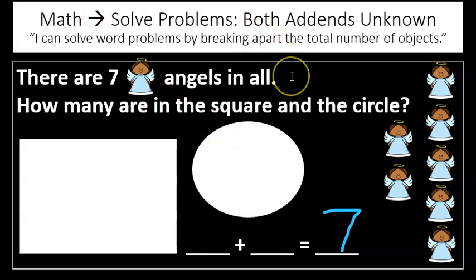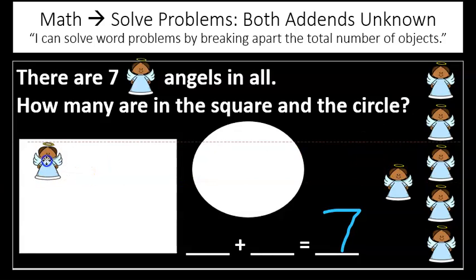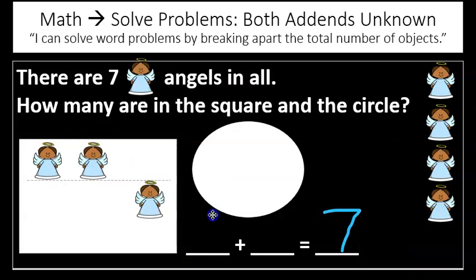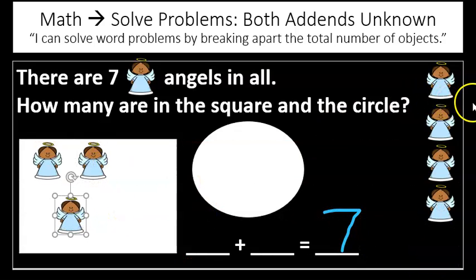Now, there's lots of ways we can do this, but I just want you to watch your screen, okay? Let's say we just want to put in 3 angels into the square, okay? We have 3 angels here. Now, we have to come here to the circle again.